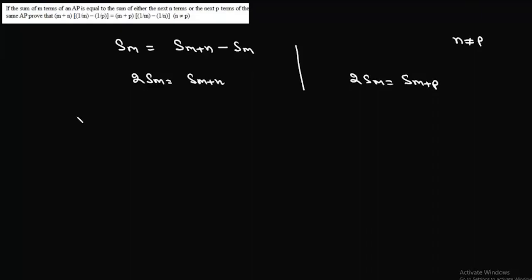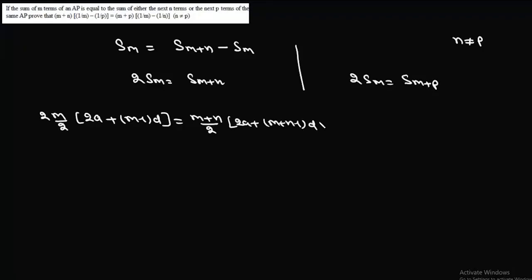Now we'll simplify this first condition. So we can write 2, and this is m by 2, 2a plus m minus 1 into d, and it will be equal to m plus n by 2, 2a plus m plus n minus 1 into d. Now this 2 and 2 will cancel. Now what we'll also do is we let this 2a plus m minus 1 d as some x.